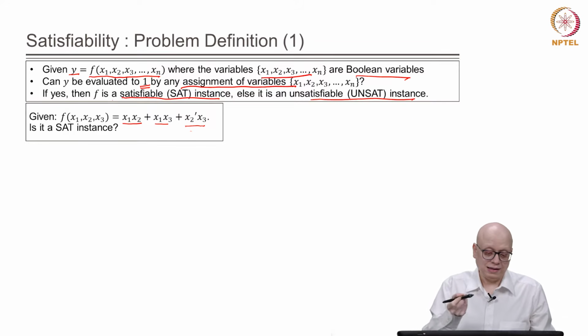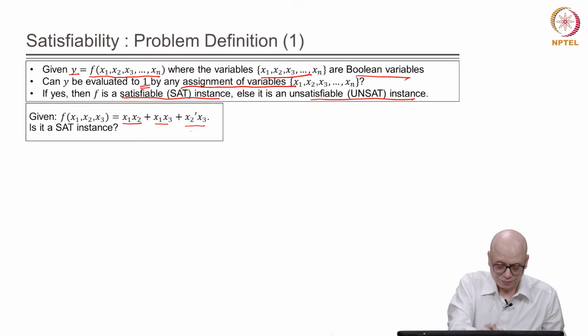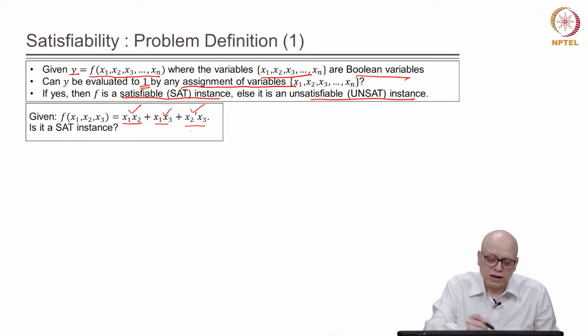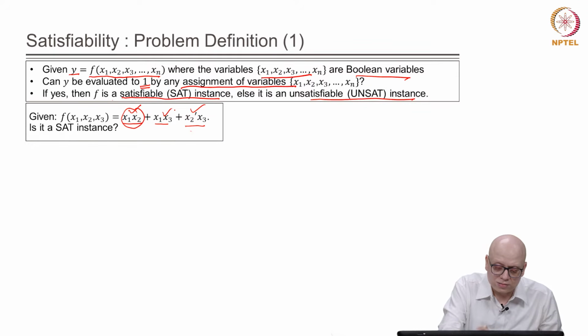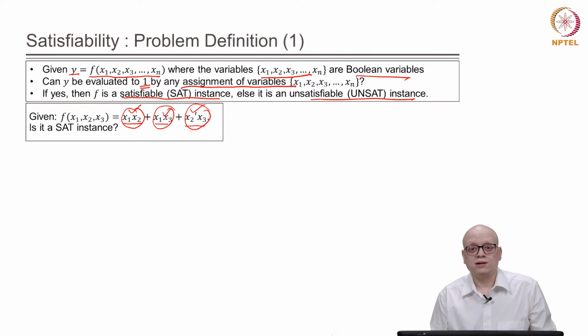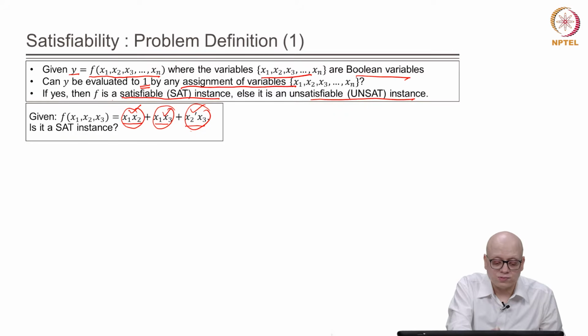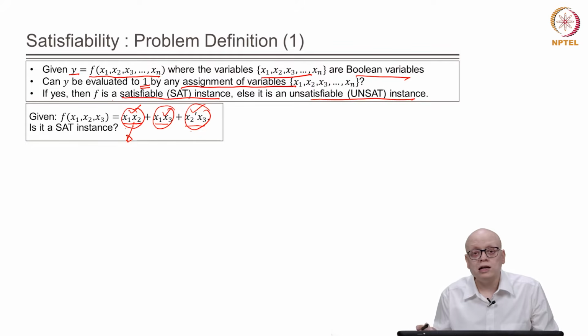We can easily see that there are three product terms. If any of these product terms is made 1, then f can become 1. There can be many possible cases. For example, if we take x1 = 1 and x2 = 1, this product term will be 1 and f will be 1.